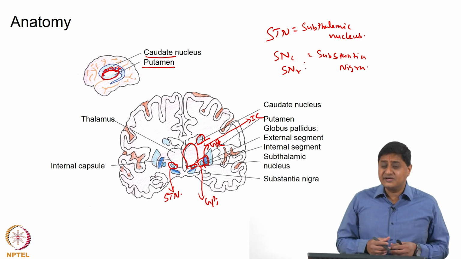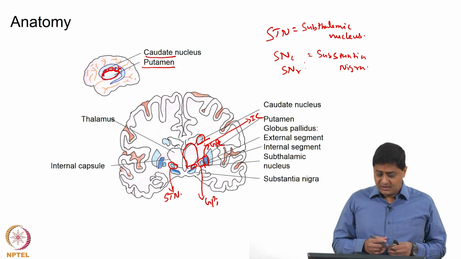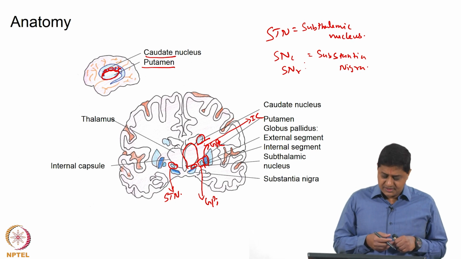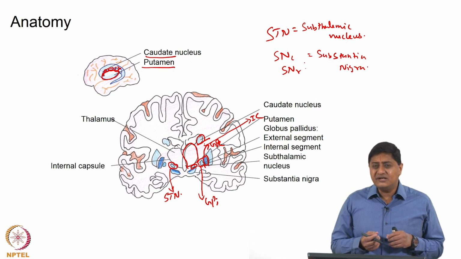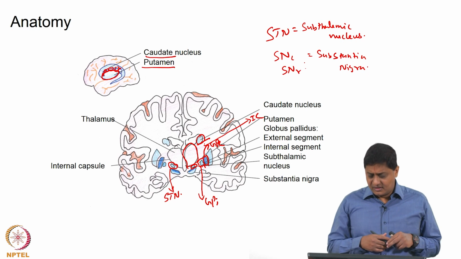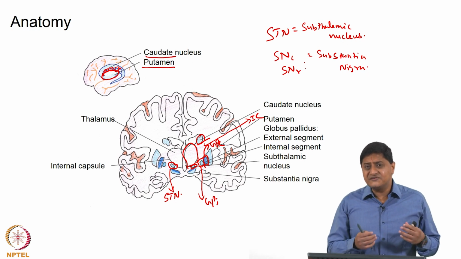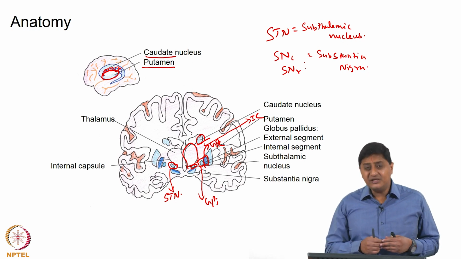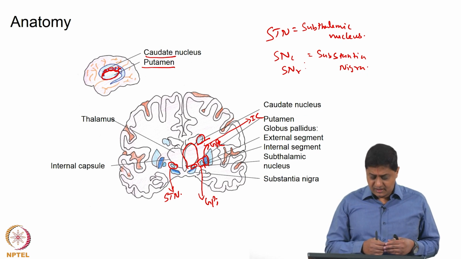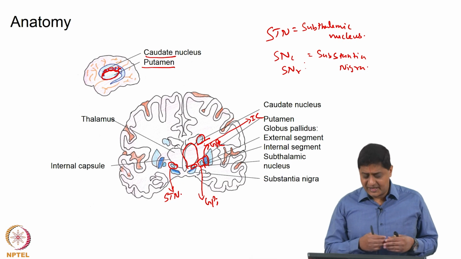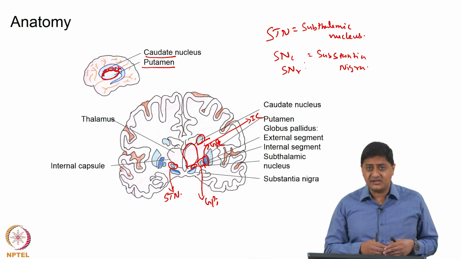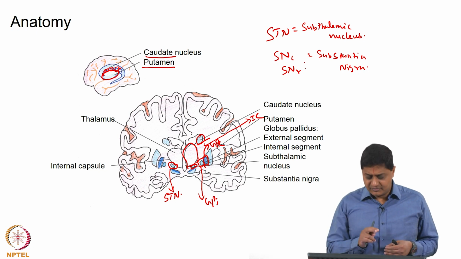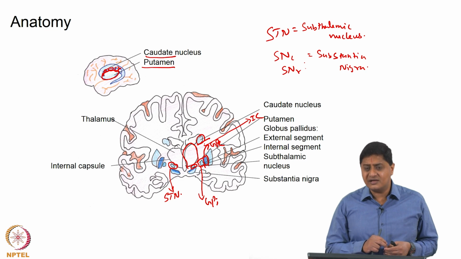The subthalamic nucleus consists of densely packed neurons that are fundamentally different from the rest of the basal ganglia in that it receives inputs from multiple regions of the basal ganglia, both from internal and external globus pallidus and also from cortex, and it outputs to both segments of the pallidum, basically to GPI and GPE.